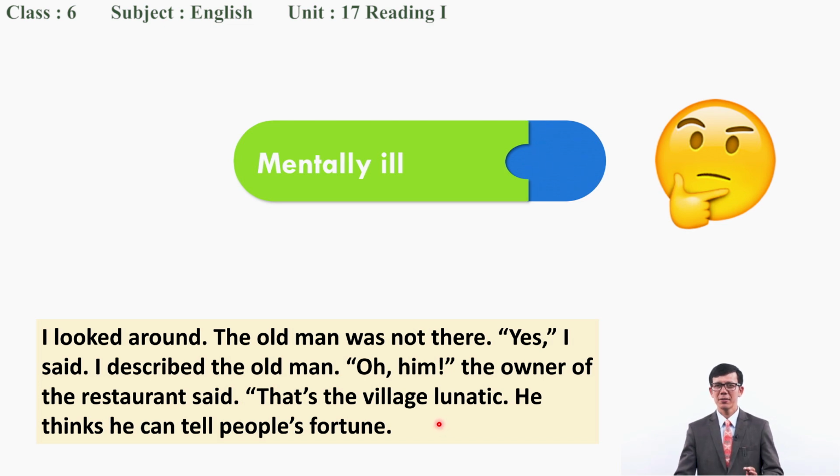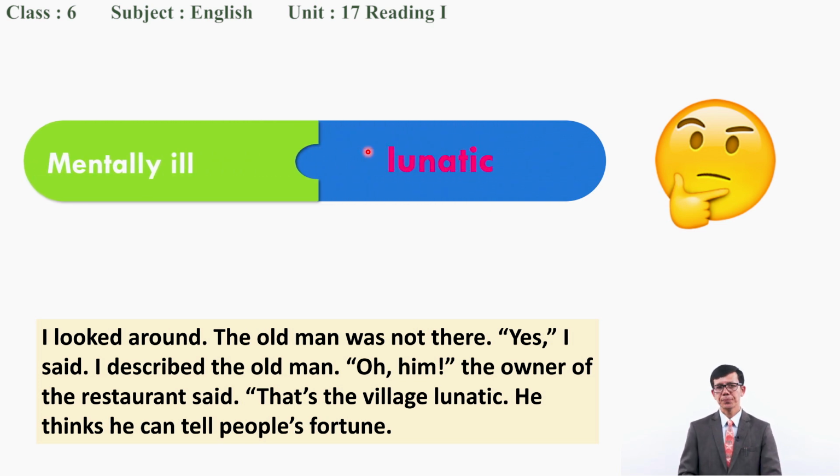Does that mean mentally ill? Yes. Lunatic means the old man was mentally disturbed. He had something wrong. So that is a kind of madness. So mentally ill means lunatic.